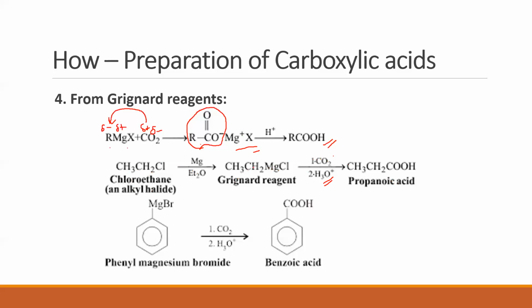Clear? We have 3 carbon atoms. We get 3 carbon atoms in the final compound because here the Grignard reagent has 2 carbon atoms and carbon dioxide comes in forming the third carbon, propanoic acid.